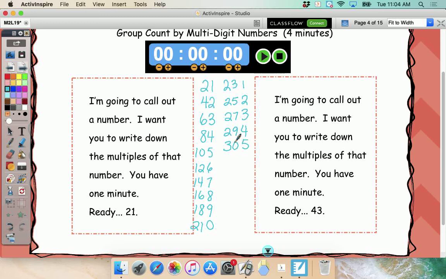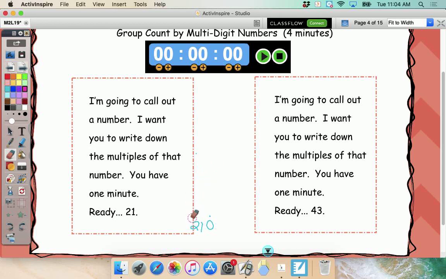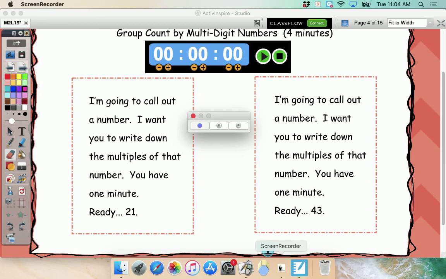Okay? So now I want to do the same thing, but I want to try it with the 43s. So you're going to skip count by 43s. You'll get to come up with a similar strategy, but I don't think it's going to be quite as easy.